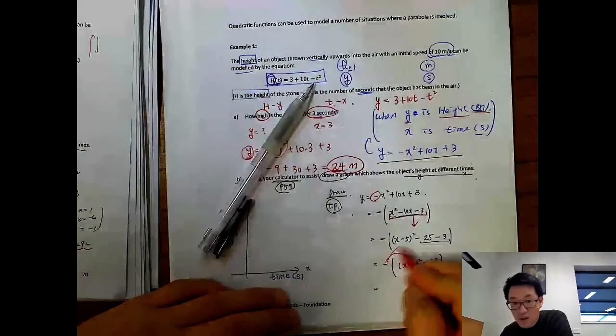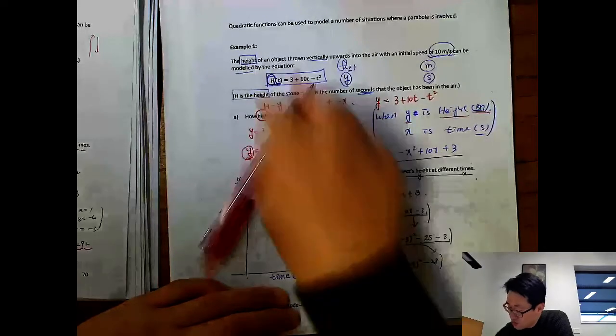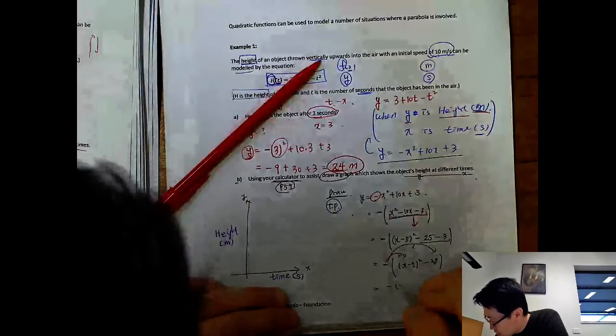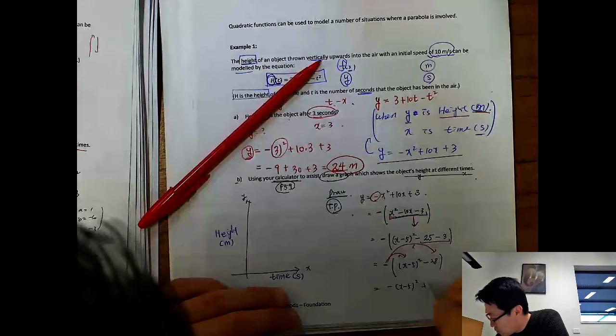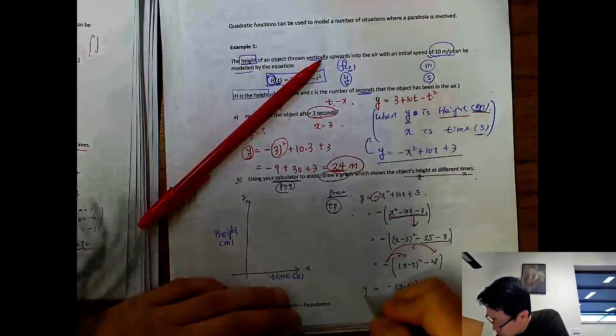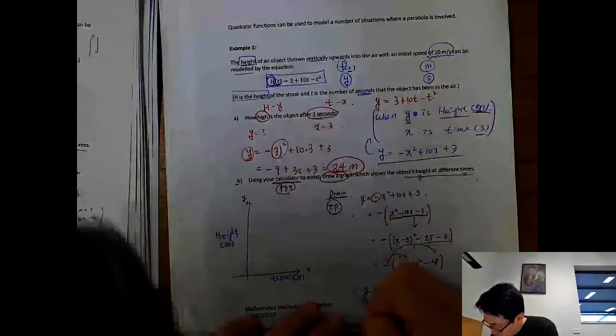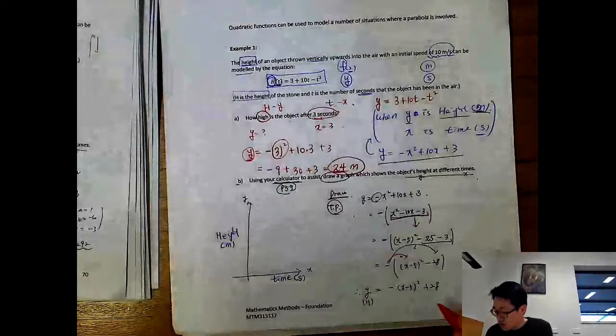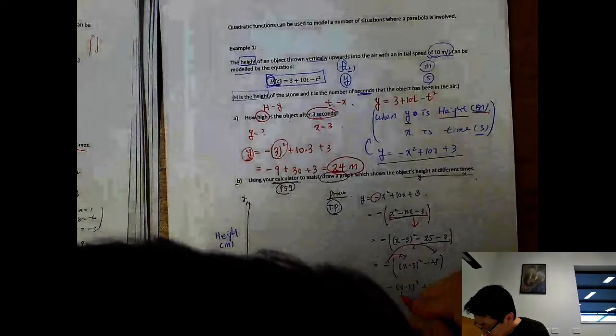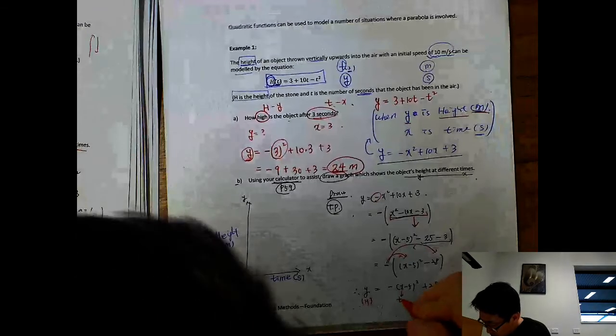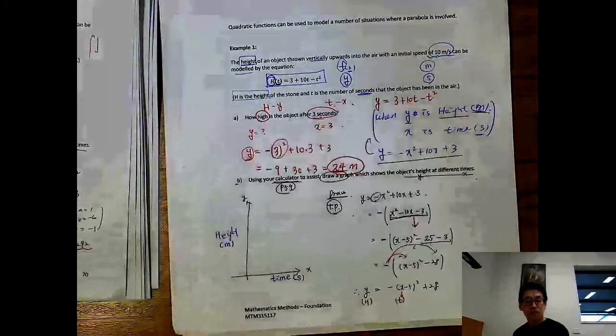Therefore, now I need to expand it: minus x minus 5 squared plus 28. So y equals, or h, height equals minus x minus 5 squared plus 28 when x is time. Good.